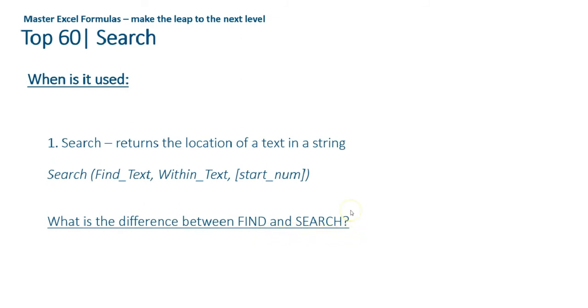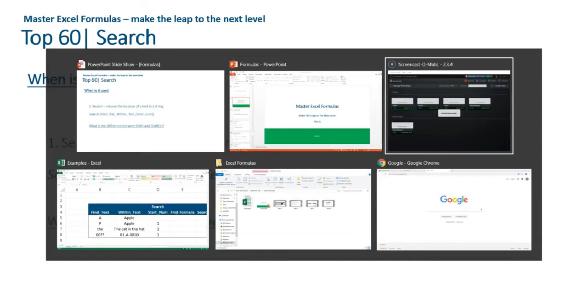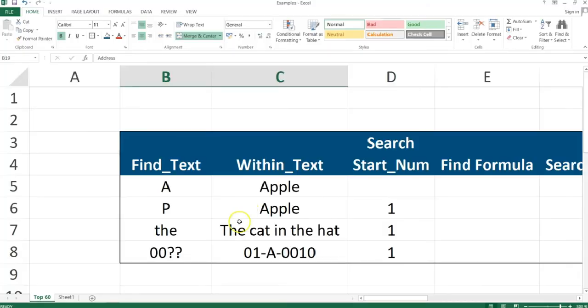We will go through that as well, but before that I just wanted to go through the structure of the search function. First of all we need to specify the text that we want to find, then within what text we need to find it, so that's our string, and the optional thing here is the starting number or starting position.